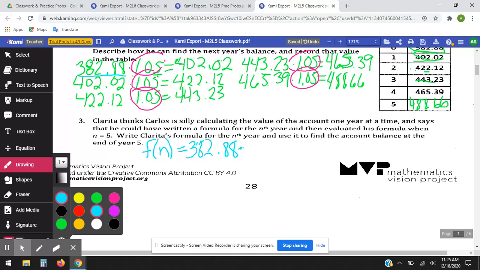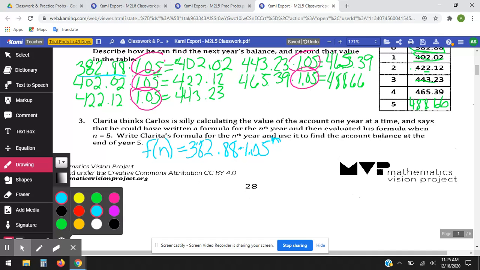It's a geometric sequence. It's multiplying. 1.05 is what we're repeating over and over. And because it's times 1.05 each time, we're taking it to the n. Now, we don't need the n minus 1 because our starting balance, our year 0, is 382.88.